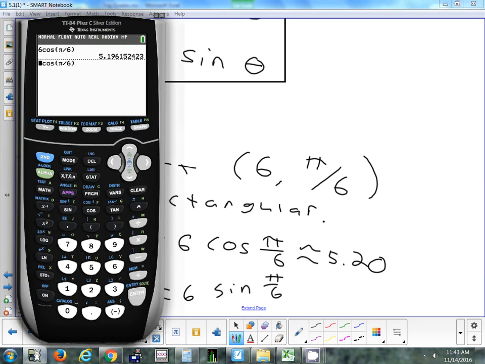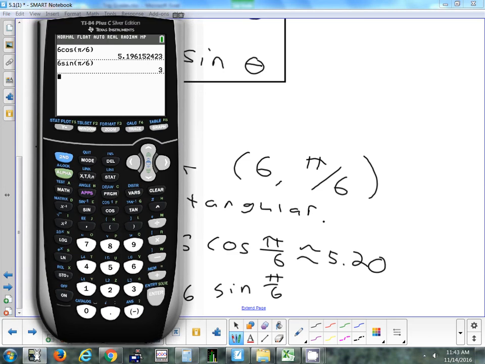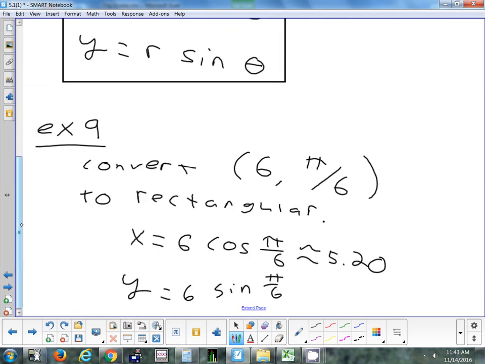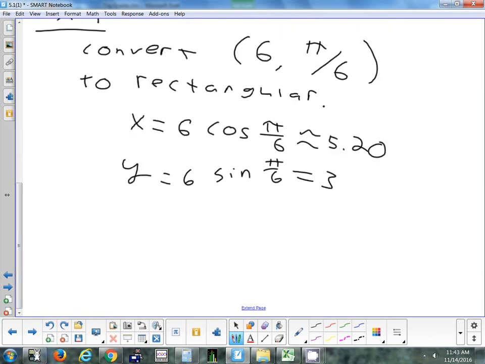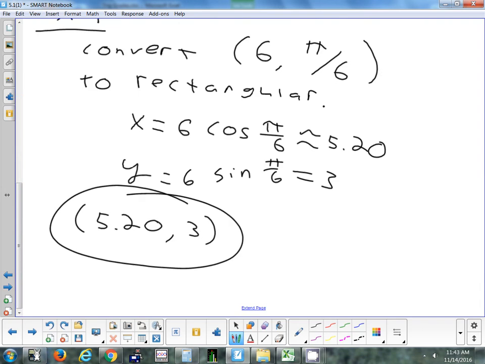And y, just change that to sine, is 3. Make sure you write your final answer as a coordinate. X is 5.20, y is 3.